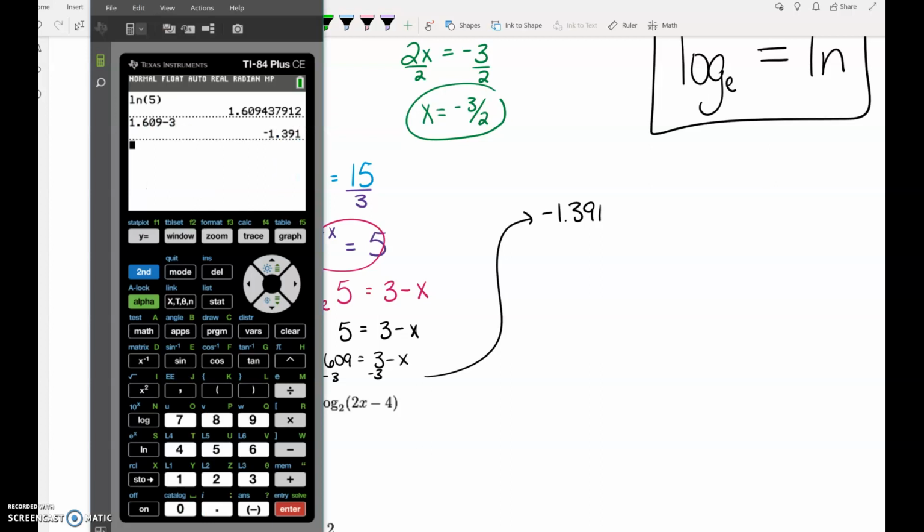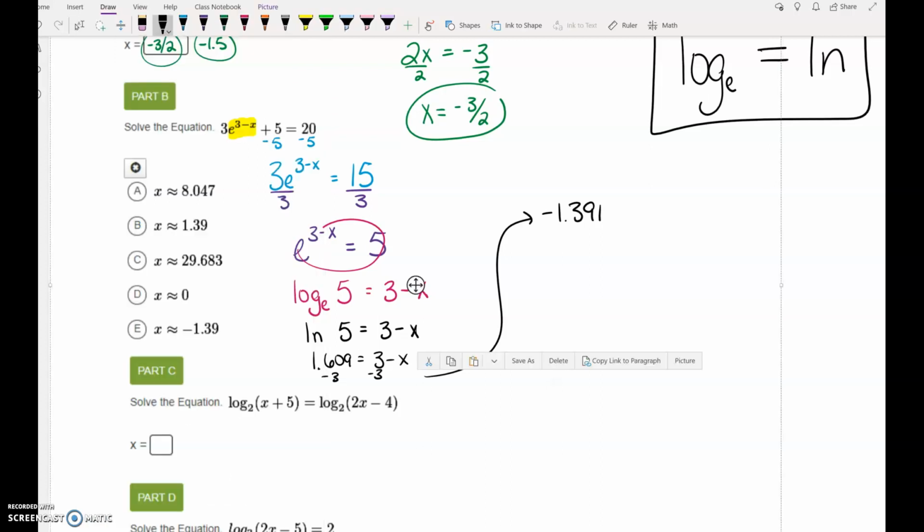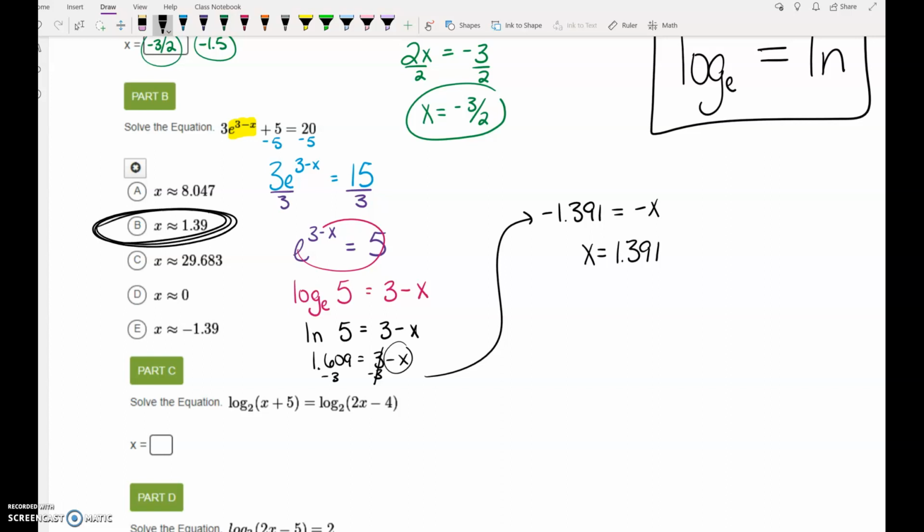Sometimes my short-term memory, I get the number wrong. Equals, and notice that we subtracted the 3. We still have negative x. So that means that x is going to be positive 1.391. And it said round to the nearest, like 3 places after the decimal. That's for the numbers you have to type in. Since this is multiple choice, it looks like this is our correct answer.